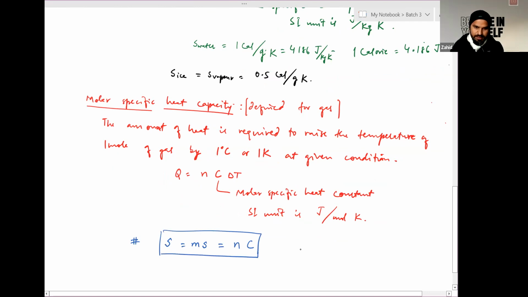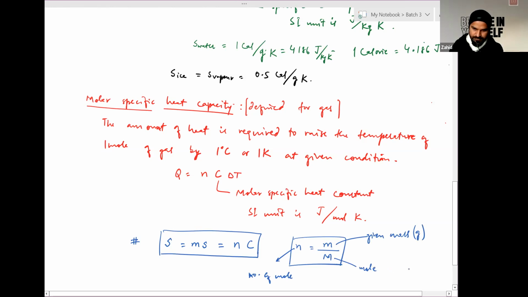And n is the number of moles, which equals given mass divided by molar mass. Okay, just write it down.